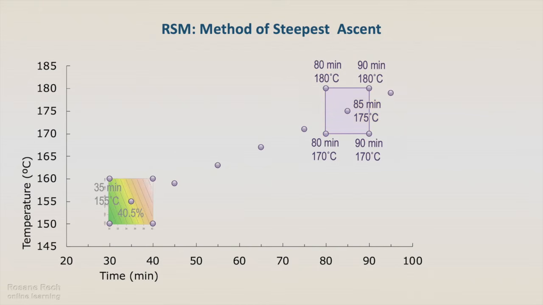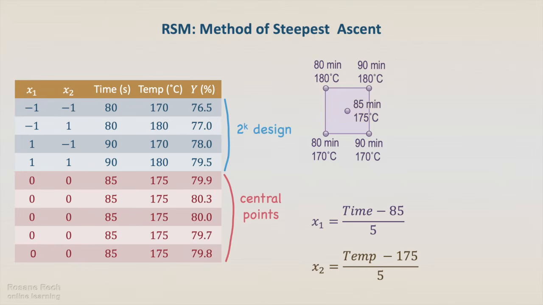The temperature will range from 170 to 180 degrees Celsius and the reaction time from 80 to 90 minutes. The design was run as a single replicate in the factorial points and with 5 replicates at the central point. The relationship between the coded and the natural variables are also given in the slide.